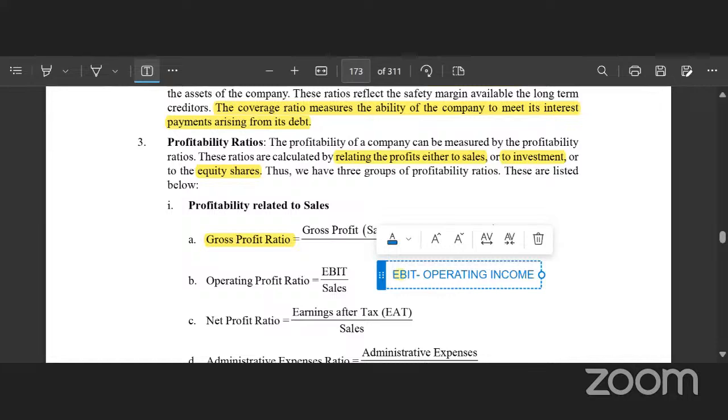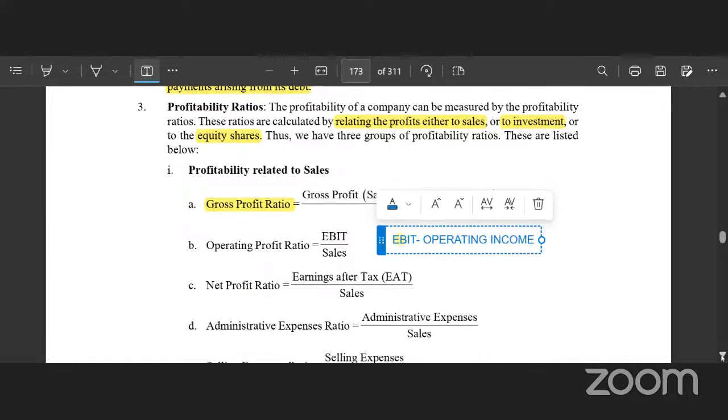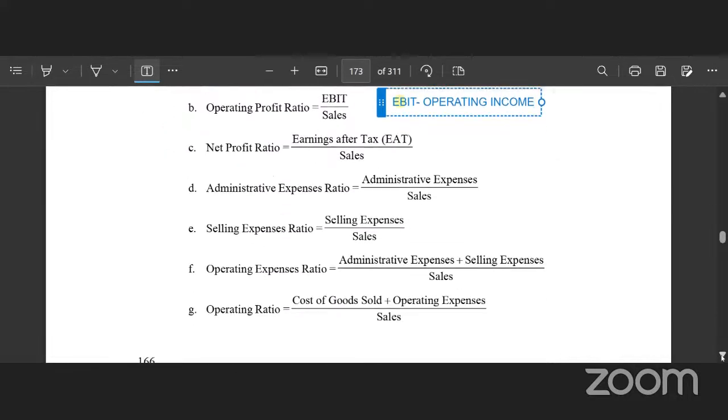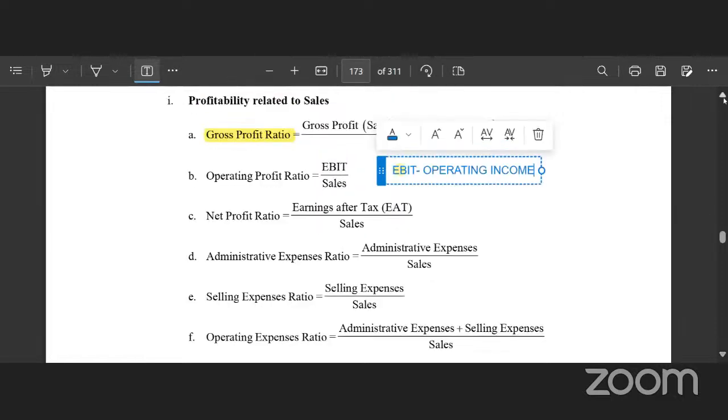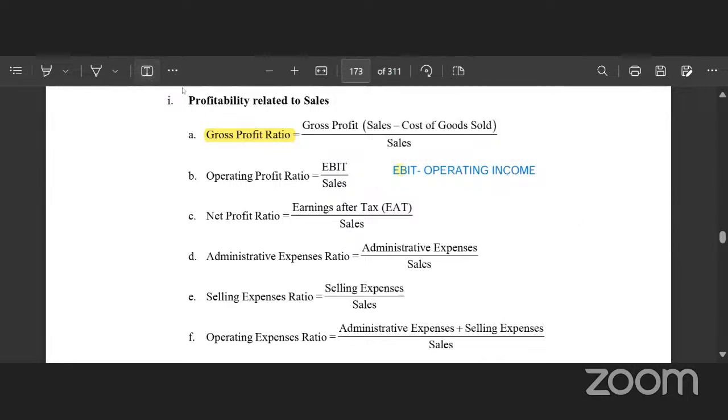In all these measures, when we are calculating profitability versus sales, the denominator is sales. We are calculating how much gross profit we are able to generate against 1 rupee of sales. So how did we calculate gross profit? It's sales minus cost of goods sold.